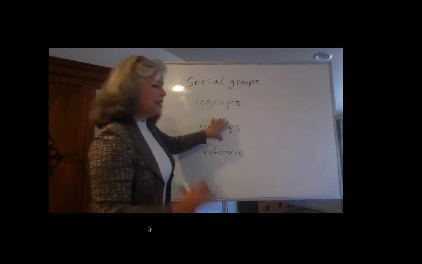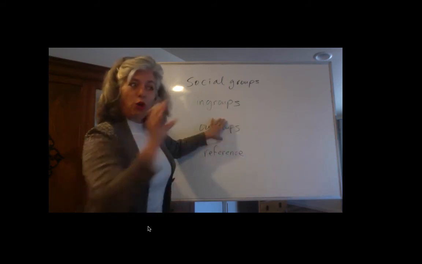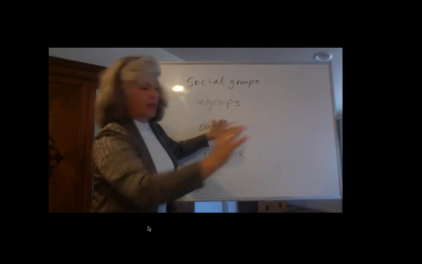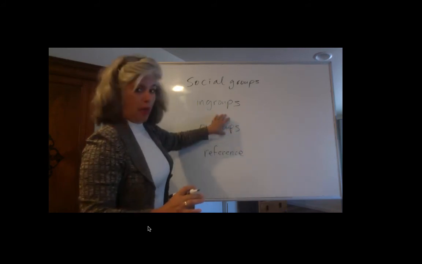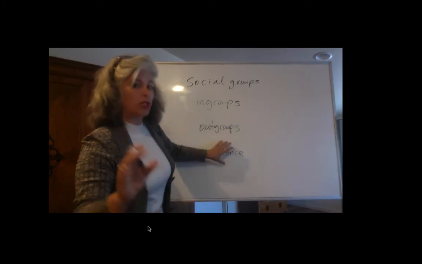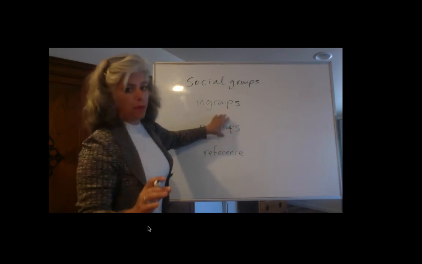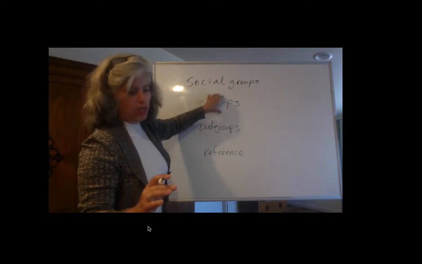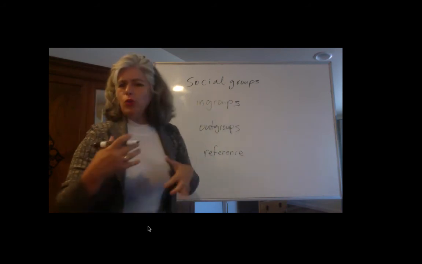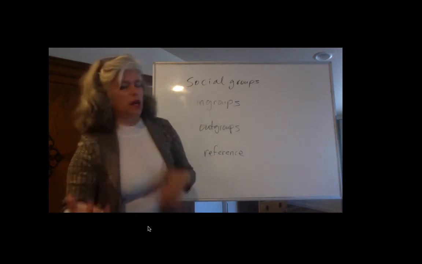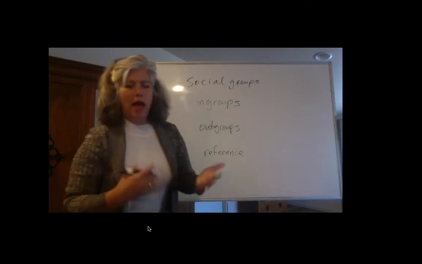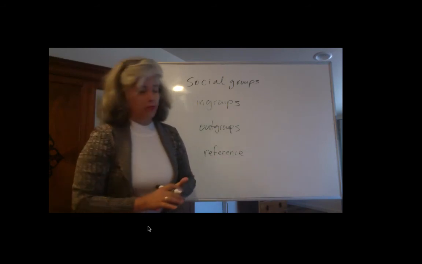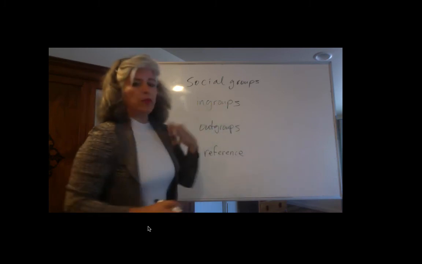An out-group is any group around you that you are aware of, but you do not belong to them. You might be able to refer to them and identify yourself as not being a member because you refer to your in-group members in order to model your behavior, your clothing style, your speech patterns, that kind of stuff. So your in-group is any group that you belong to.